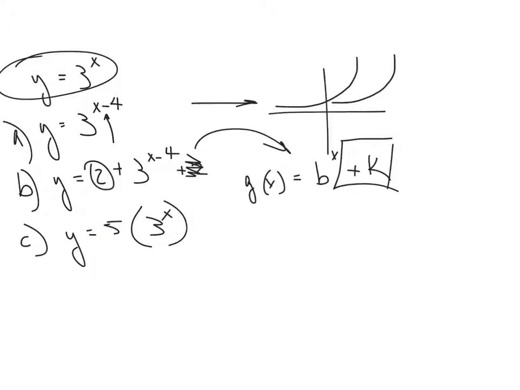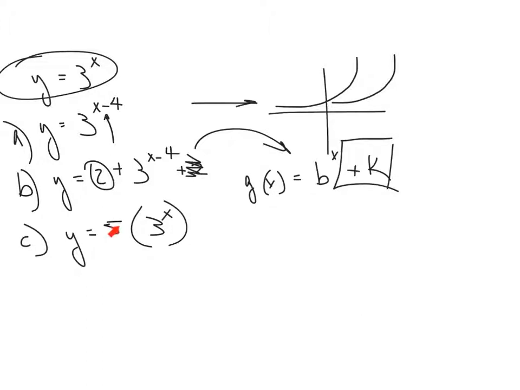And if we look at the table in the middle of page 316, when we multiply a number here by this, it's going to stretch it or it's going to compress it. But when this number is bigger than 1, it's going to stretch it vertically. If this number is smaller than 1, it's going to compress it vertically.